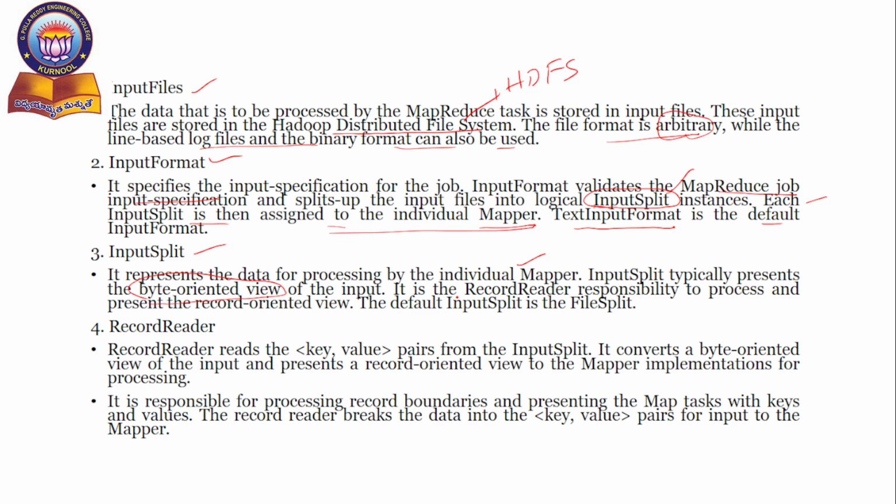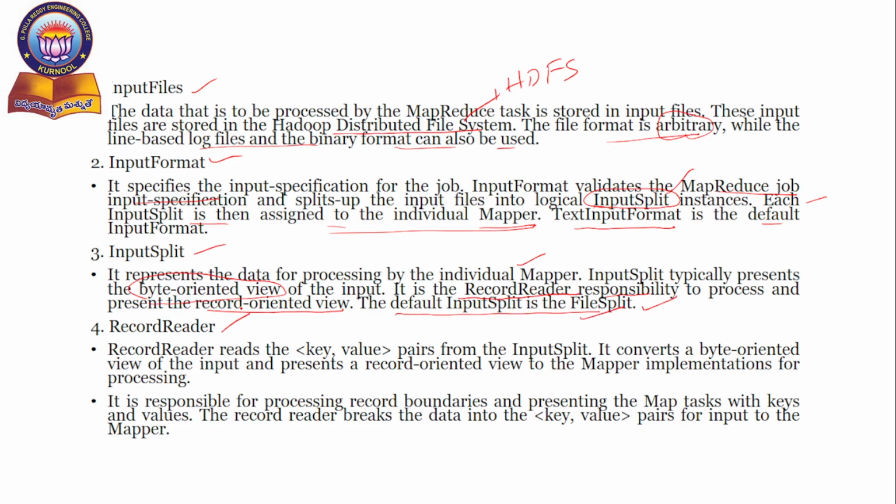Right. So now it is the record reader. We have seen the record reader in the earlier diagram, whose responsibility is to process and present the record oriented view for the mapper. The default input split is the file split. The files which are split into a number of pieces will be represented here.